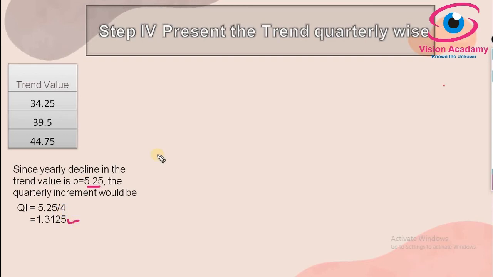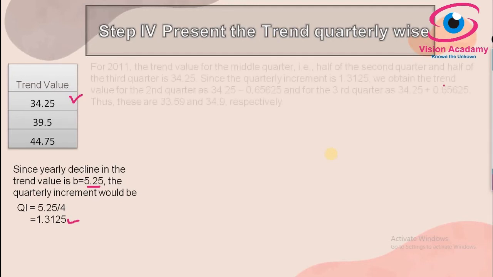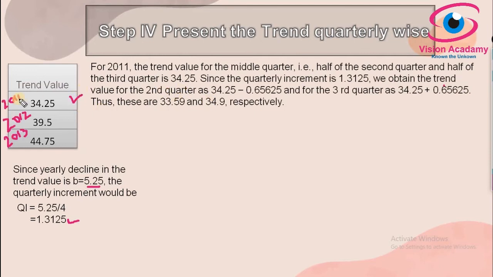So now using this quarterly increment and the trend values, we will find the quarterly wise data. I will give you a little explanation. Here we have the trend value for 2011, for 2012, and for 2013. I am giving you an example for 2011.